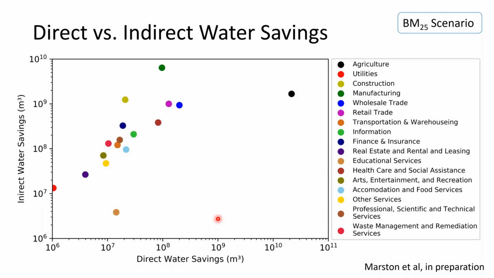If we plot the results, as you might expect, we see large direct water savings in the crop sector. Manufacturing, which requires a tremendous amount of inputs to produce their goods, can experience a lot more indirect water savings, and a lot of the other sectors lie in between.